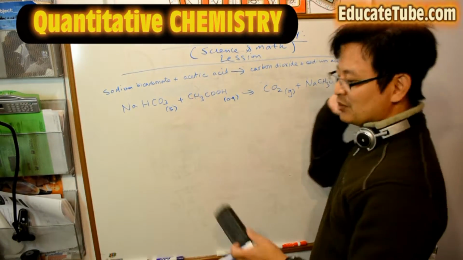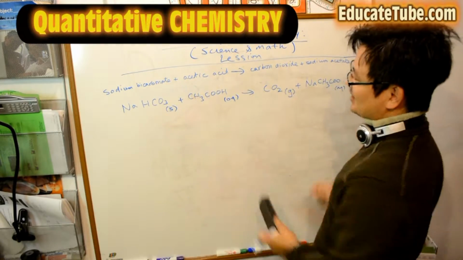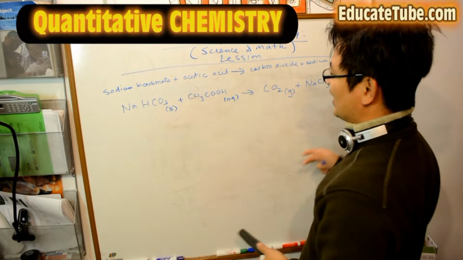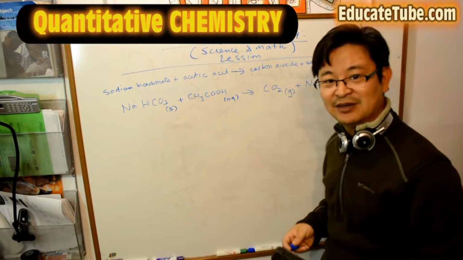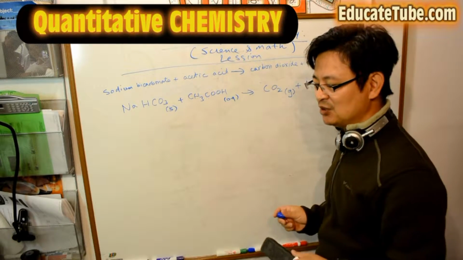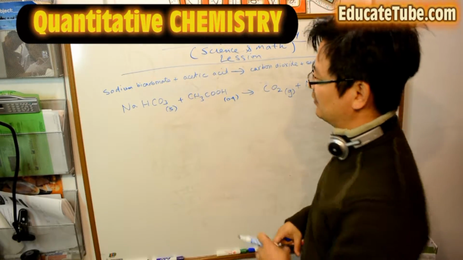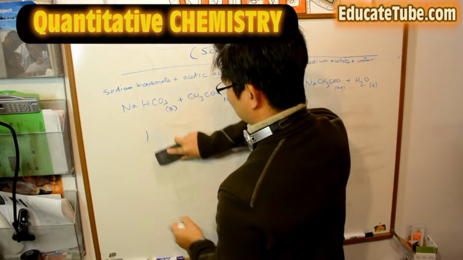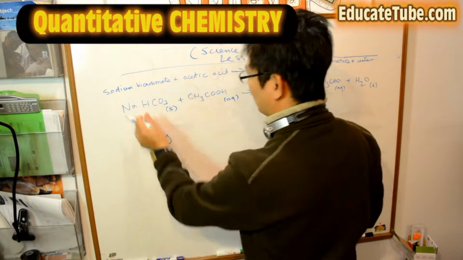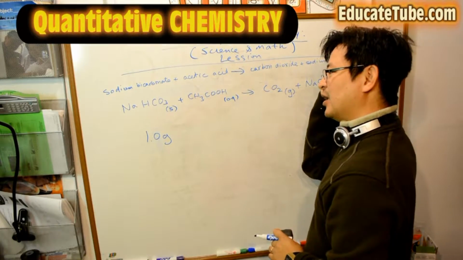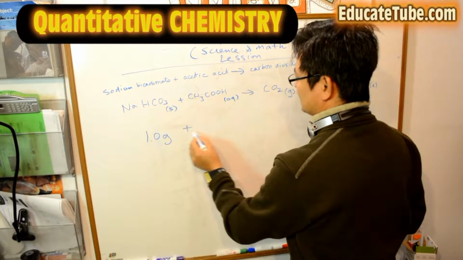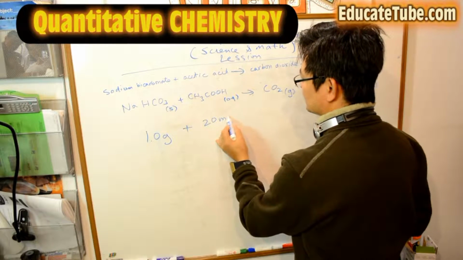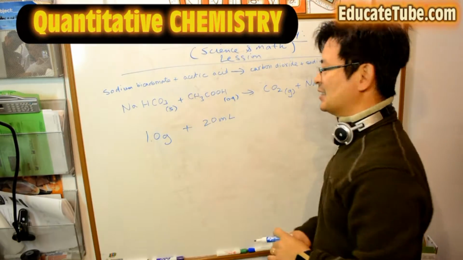So the question is, it's not like, okay, that's it, right? That's what you probably learned in grade 9, and that's the end of it. But what I want to do today is figure out, let's say I have 1.0 grams of sodium bicarbonate, and I added, instead of 10 mils, let's make it 20 mils of acetic acid, which is 5%.